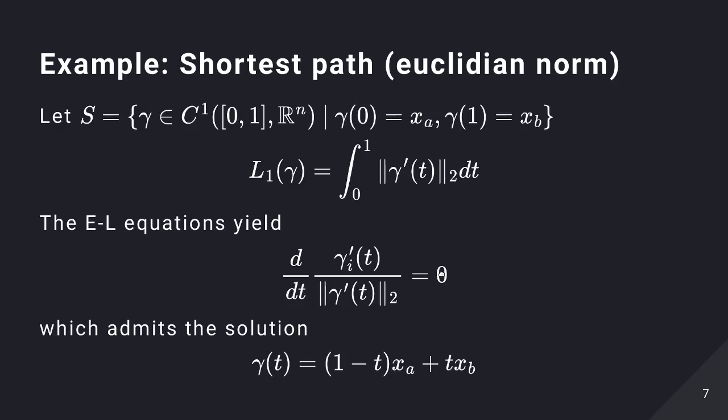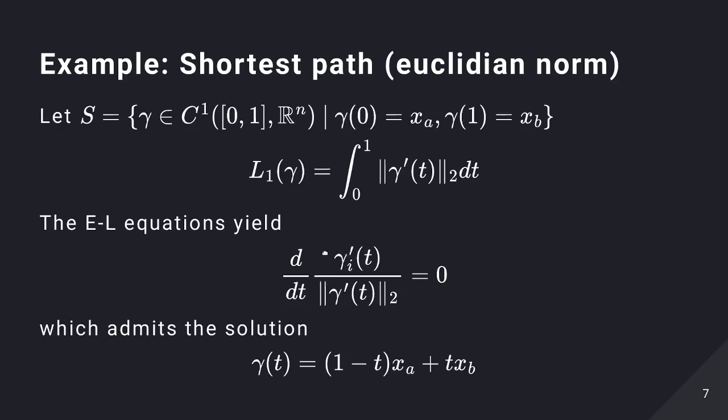So this equation basically said that the derivative of the ith component of gamma prime over the norm of gamma prime must be 0, and one particular solution is to say that the derivative of the above must be 0, so it must be a constant.